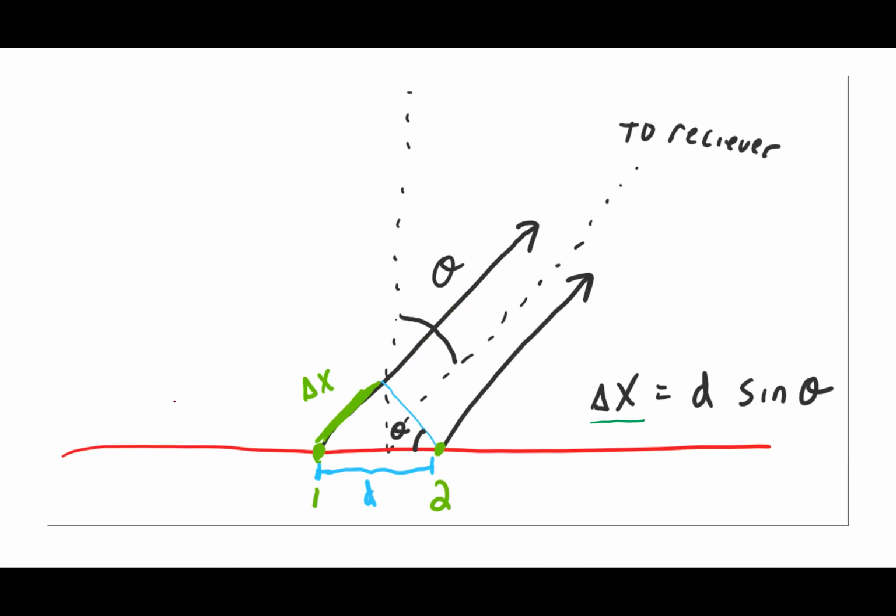So if I draw that right triangle, the equation I get is that the path difference is given by the distance between the two sources times the sine of the angle. And that angle is measured from the normal, the normal that goes straight away perpendicular to the surface. I measure the angle to the line that's pointing at the receiver, and then I can use d sine theta, where d is the distance between the two sources, to find the path difference.